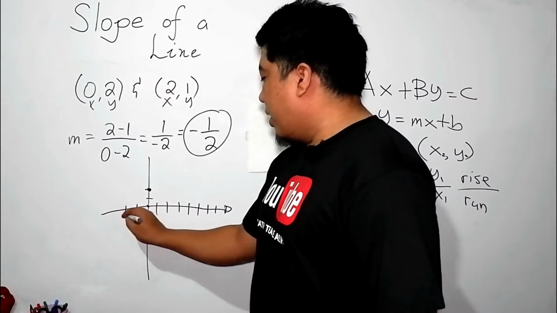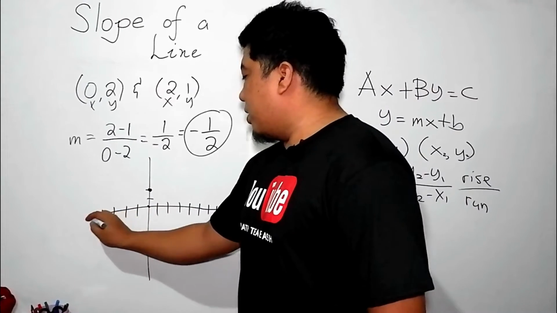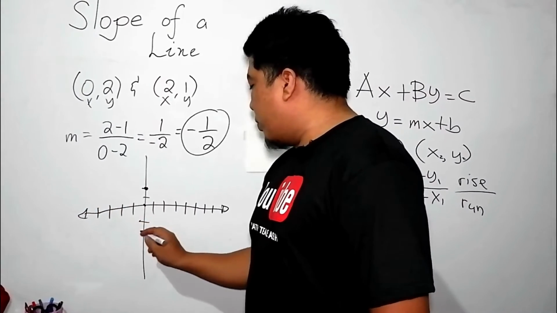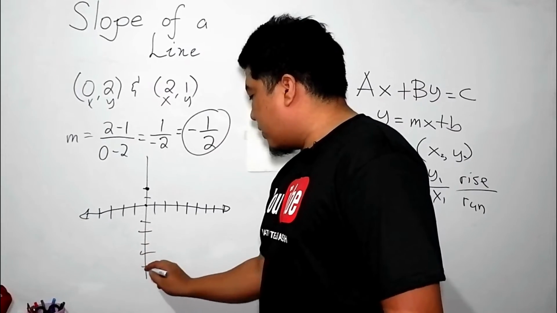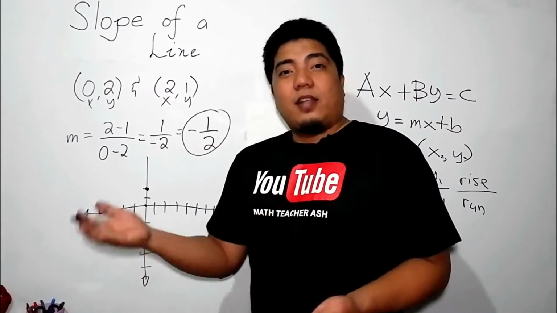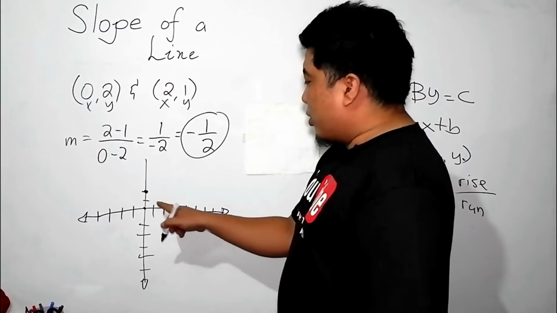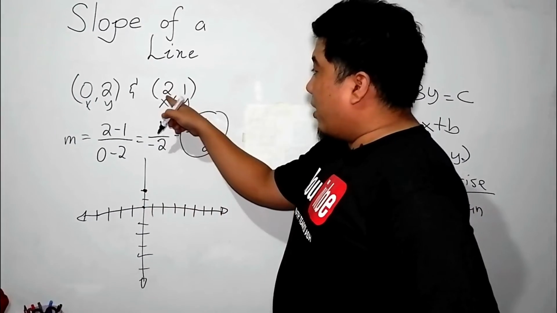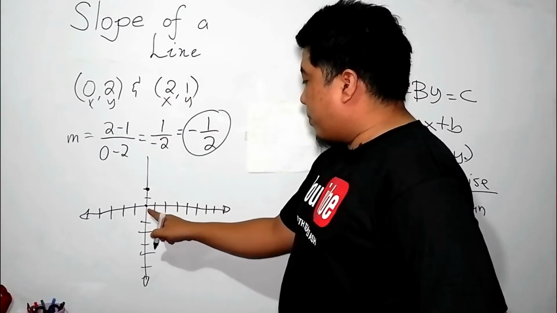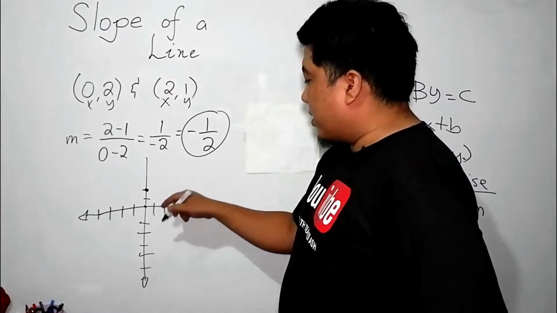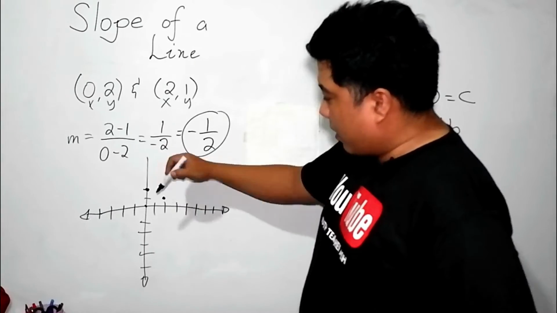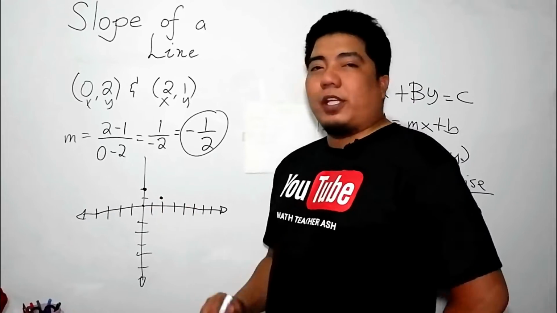Now, I'm sure that this is just sketching. This is not the actual graph because when we say sketching, we are just finding the direction of the graph. Okay. So, we have our 0, 2. Then, we have 2, 1. That is positive 2 and positive 1. So, that is here. Okay. So, this is our first point. This is our second point.